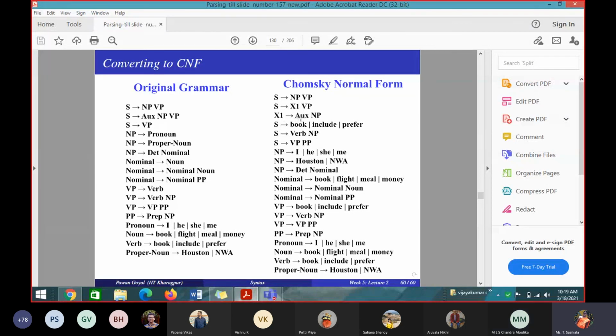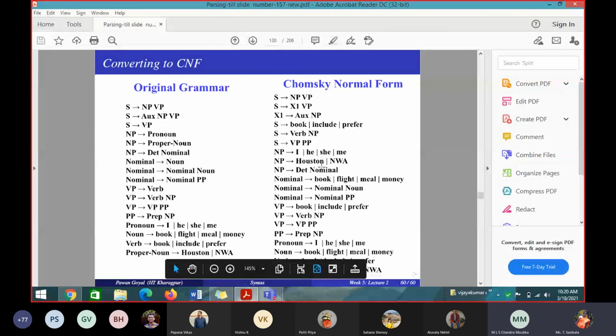X1 gives auxiliary NP, so it is only two. So S gives X1 VP, and X1 gives auxiliary NP. Like that you have to split it. Last one, S gives NP VP. That is fine. So this is the final Chomsky normal form.